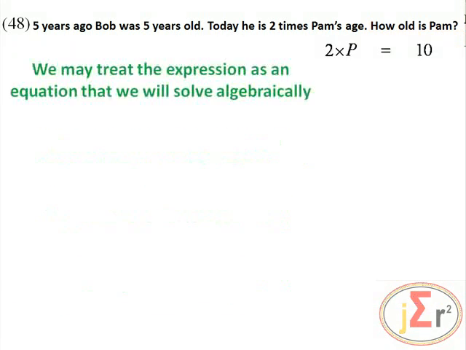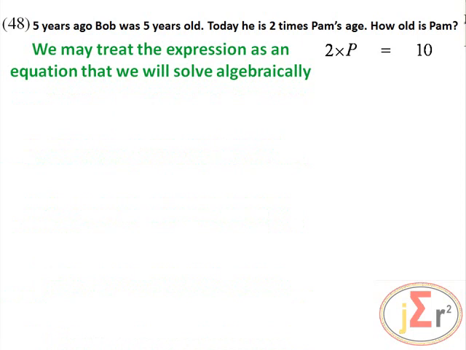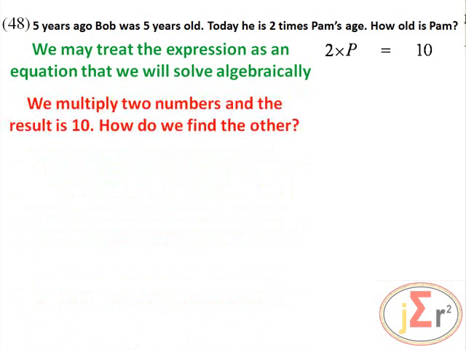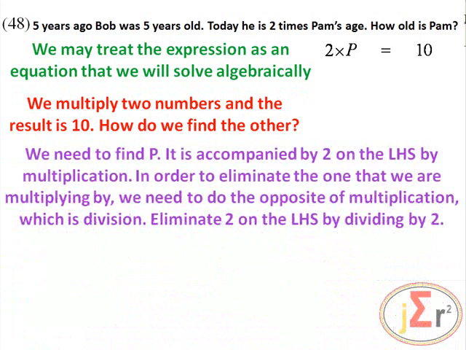We have the same equation that we had before. We may treat the expression as an equation that we will solve algebraically. We multiply 2 numbers and the result is 10. How do we find the other? We need to find P. P is what we need to find.